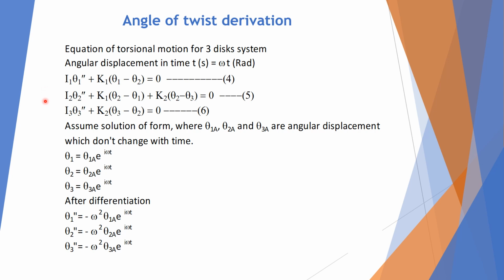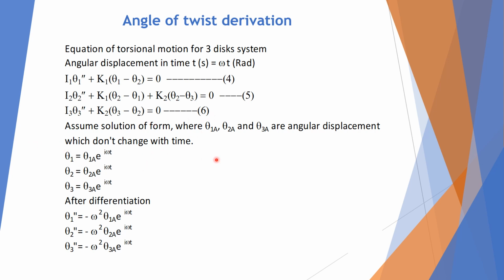Similarly, I2 into theta 2 double dot plus k1 into bracket theta 2 minus theta 1 bracket close plus k2 bracket theta 2 minus theta 3 bracket close equals 0, and I3 theta 3 double dot plus k2 bracket theta 3 minus theta 2 bracket close is 0.